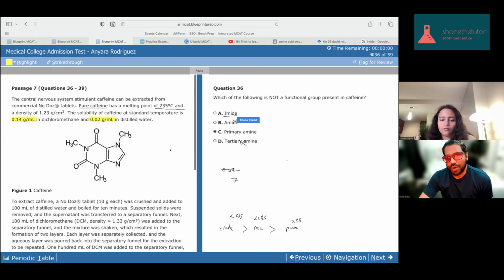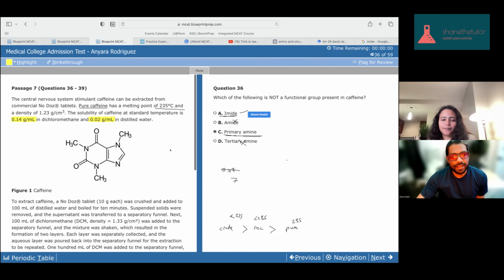And let's say we don't know what this imide is, but we do know what a primary amine is, right? And if we know what a primary amine is, we can determine if figure one contains any primary amines. Does it? No, right?